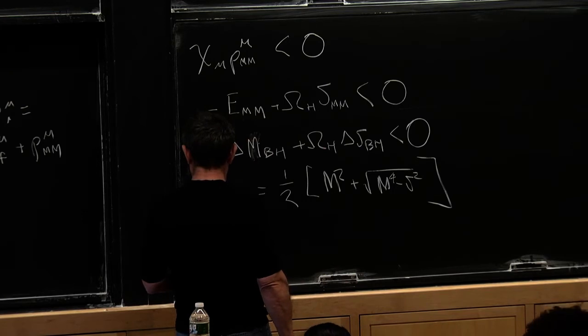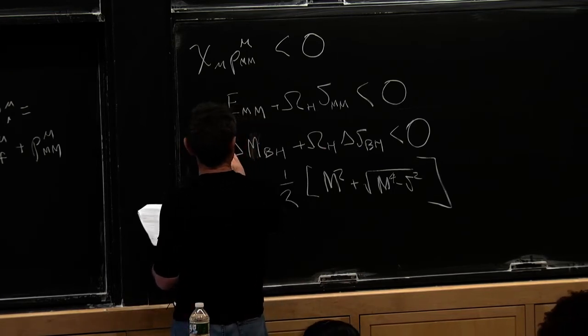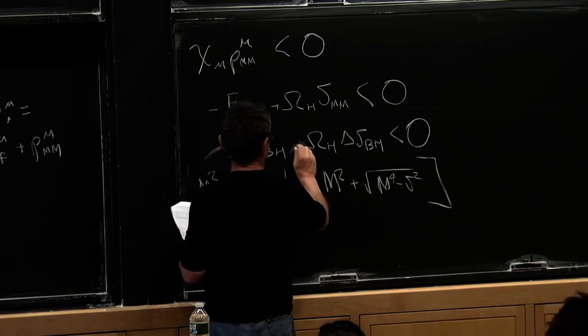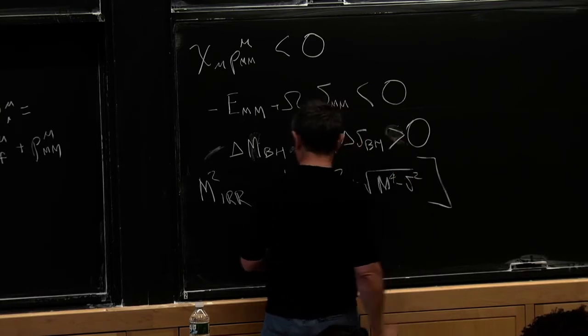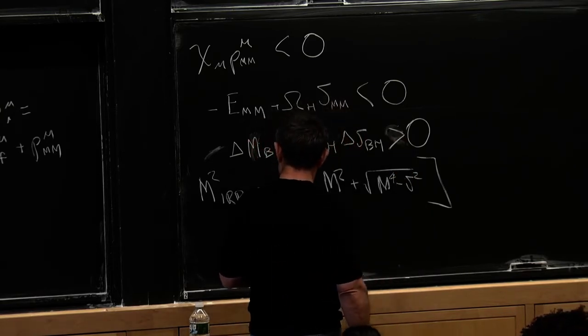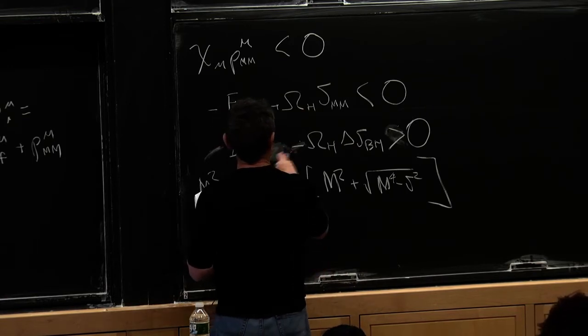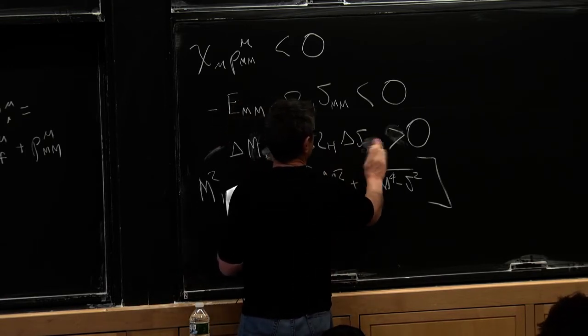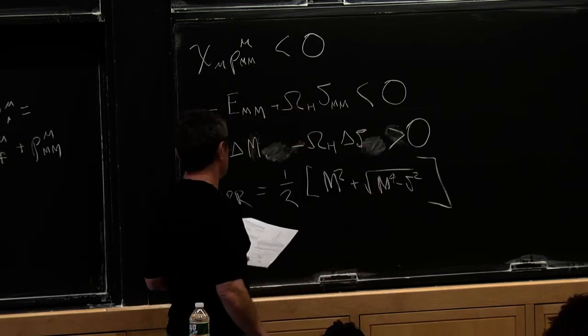And so let me rewrite this as delta M black hole minus omega H delta J black hole is greater than 0. And let me drop the BH subscript. That's all we're going to be talking about now, is how the mass and the angular momentum of the black hole change.